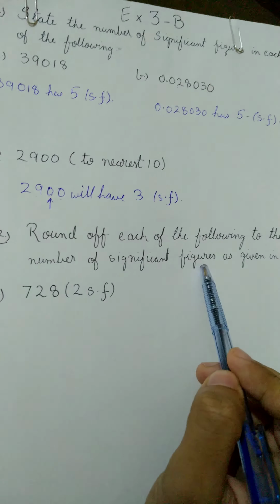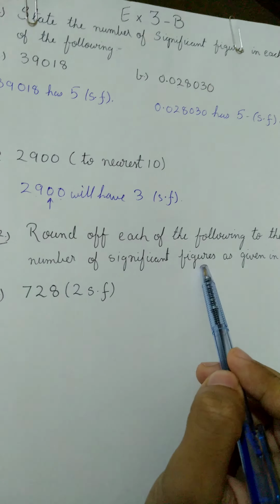So first part is 728 till two significant figures. First I have to round off this number till two significant figures. How can I do that? The first step is to find the significant figures here. 728 is my number.